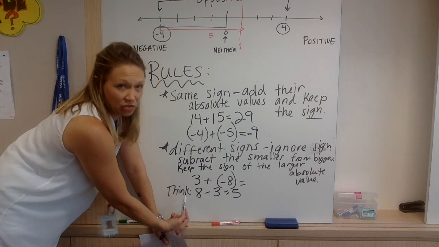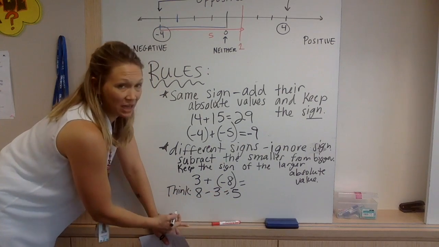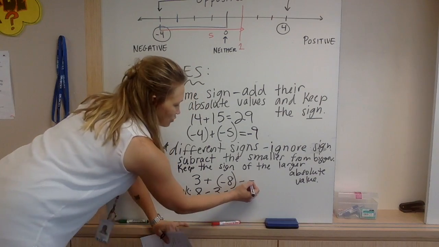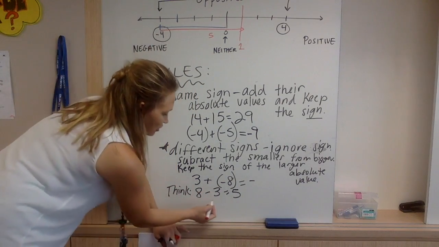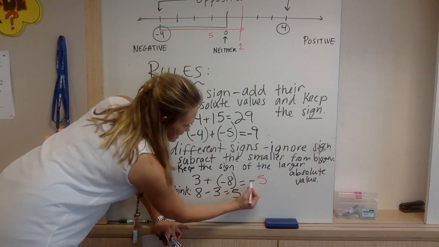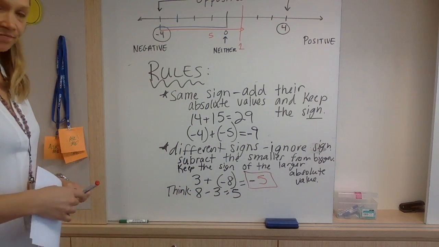What has the greater distance from 0? I hope you said -8. So -8 wins, and since -8 is negative, our answer is negative as well. So you put these things together, find their difference is 5. What is the bigger absolute value? Negative sign. -5 is our final answer.